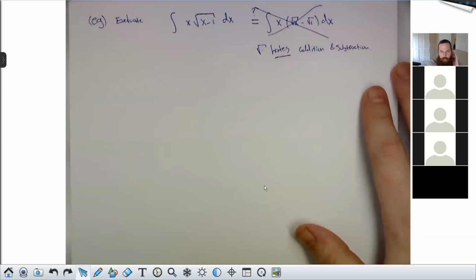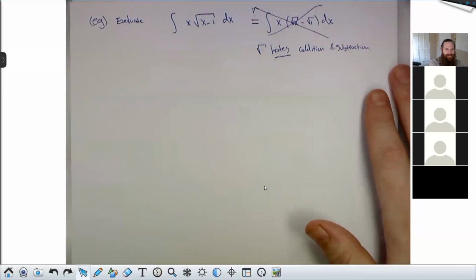The square root doesn't play nice with addition or subtraction. Cannot do that, can't ever do that. You'd be surprised how often I see it, even out of Calc 2 students, so internalize that. Yeah, I wish they did all the time. That would make life so much easier. But I can't do that.